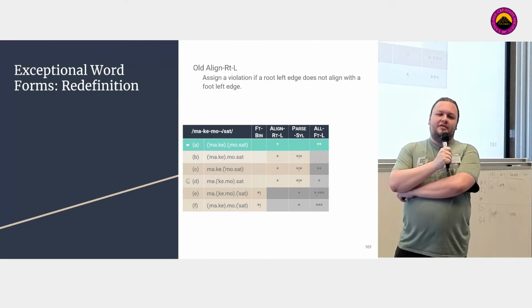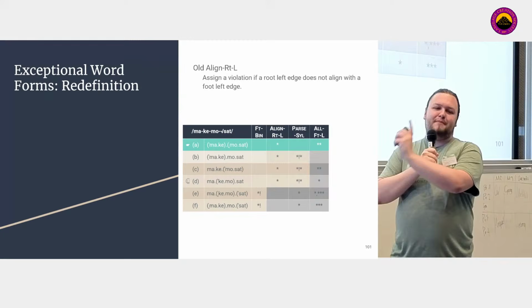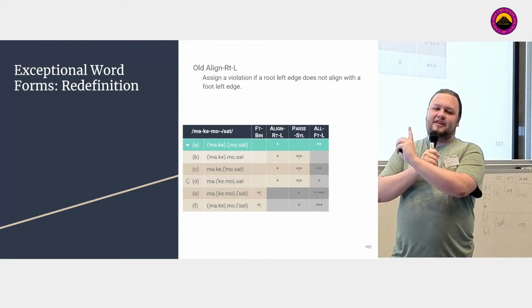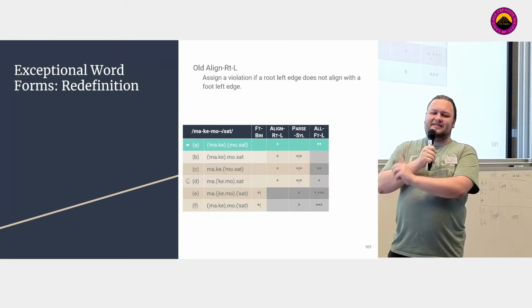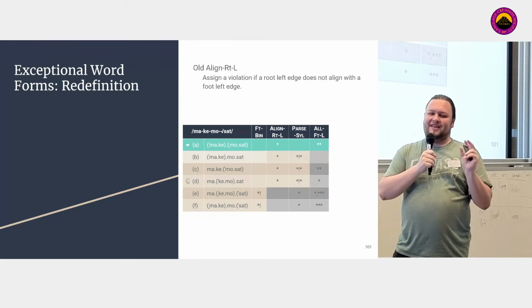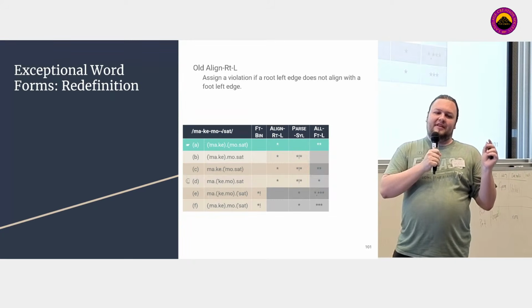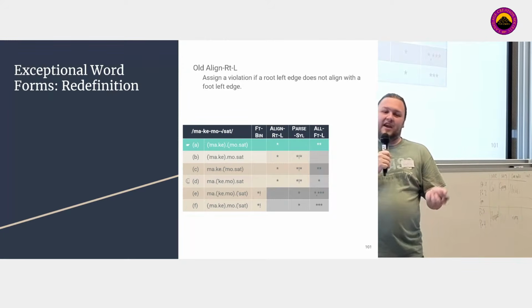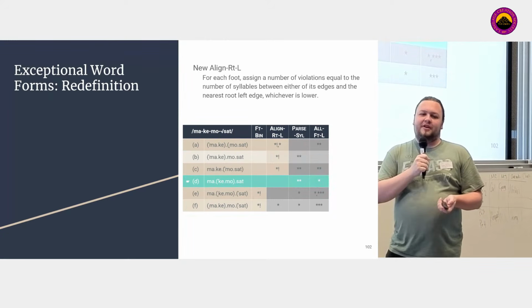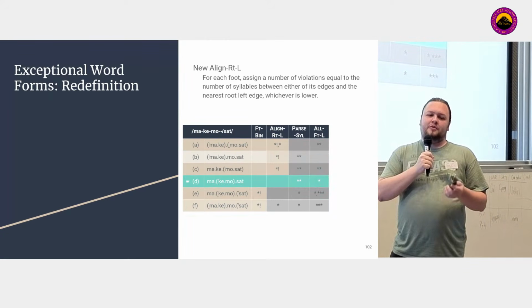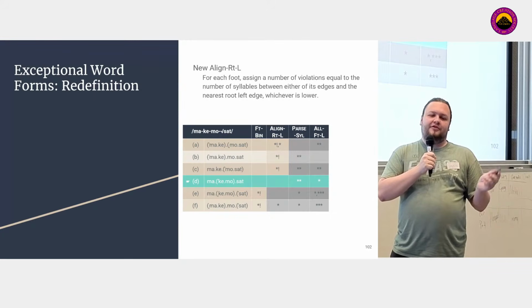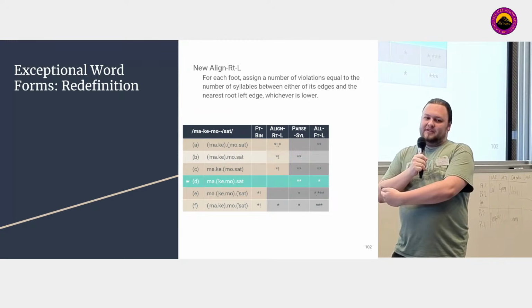So with the old align root left constraint, we get makemosat as the preferred reading. Note that sat is a monosyllabic root on the end with 3 prefixes, but the actual output we're looking for is makemosat. If we take the new align right, where we want either edge of a foot to align with the right or the left edge of the root, then we can get makemosat.